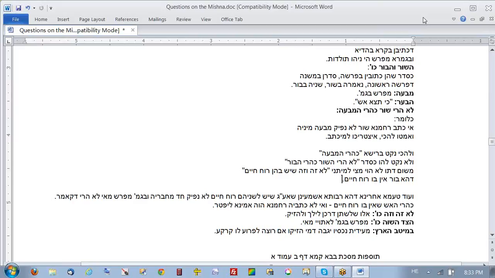Well, by process of elimination, you're going to have to have either aish or mava. And aish doesn't have ruach chaim, and mava does.